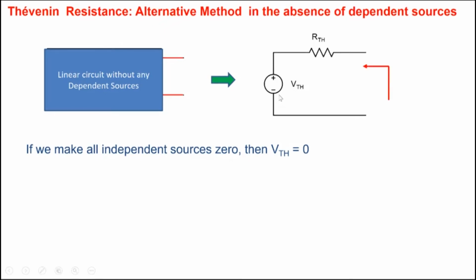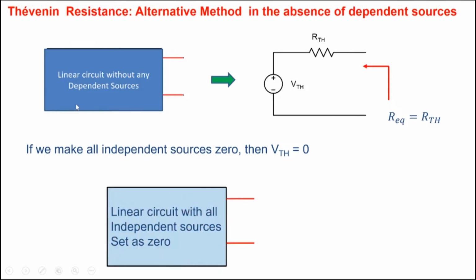Then, if we make VTH equal to 0 and we look at the circuit between these two terminals, we'll see the equivalent resistance is nothing but RTH. Obviously, if you make VTH equal to 0 between these two terminals, the equivalent resistance is RTH.